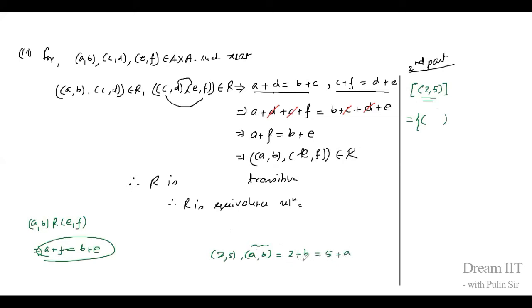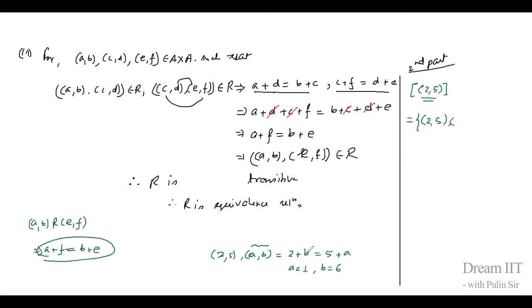So from here you go on finding. It is very clear that 2 comma 5 itself will be related, right? Then what number you can put here? If I put a equal to 1, what will be the value of b? It will be 4, right?